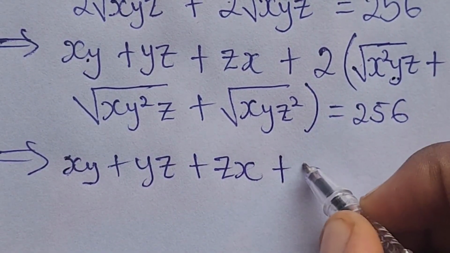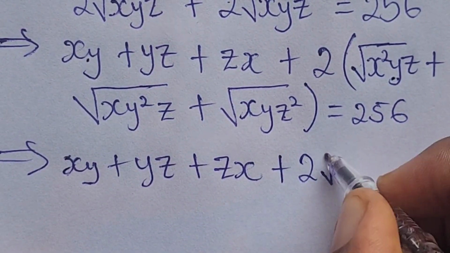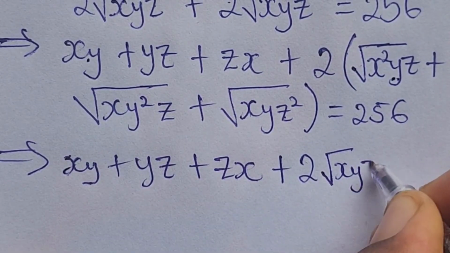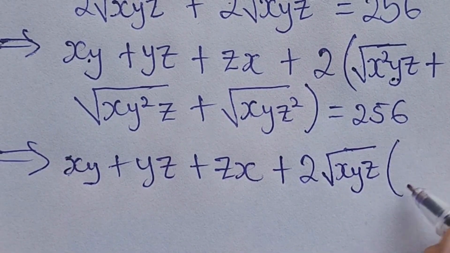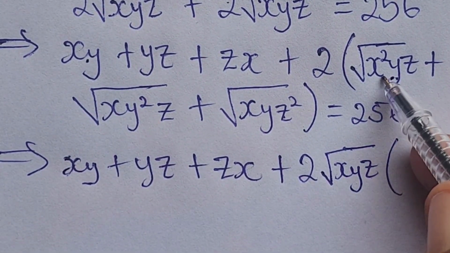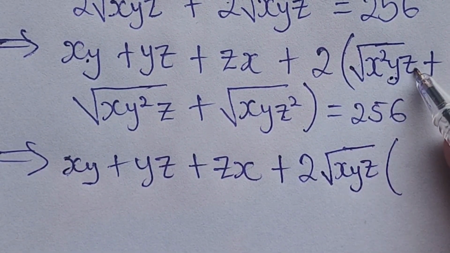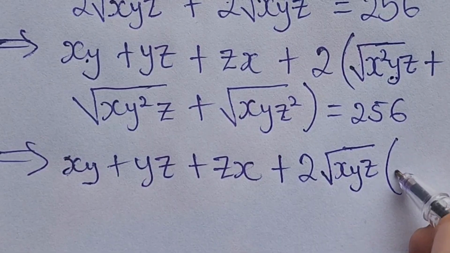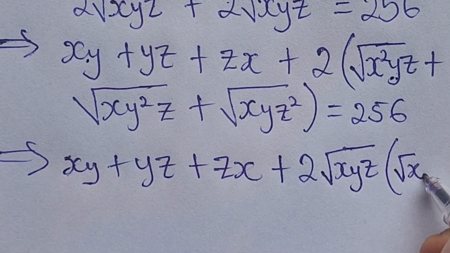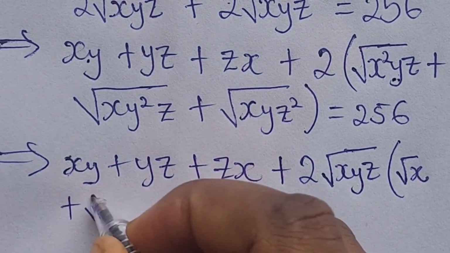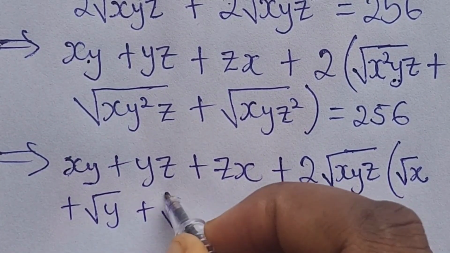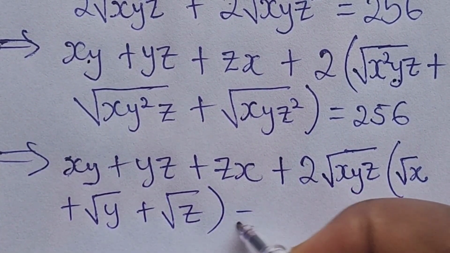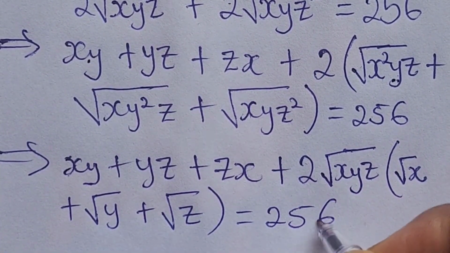So we have plus 2 root xyz times, from here when we factor xyz out, we'll be left with root x plus root y plus root z, all equal to 256.